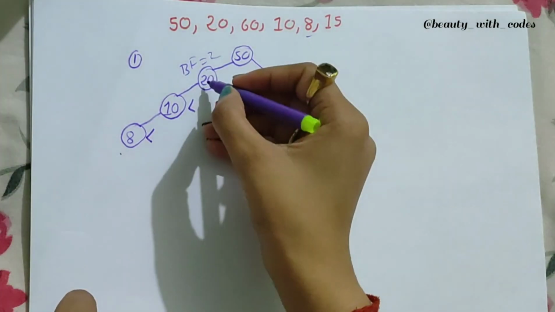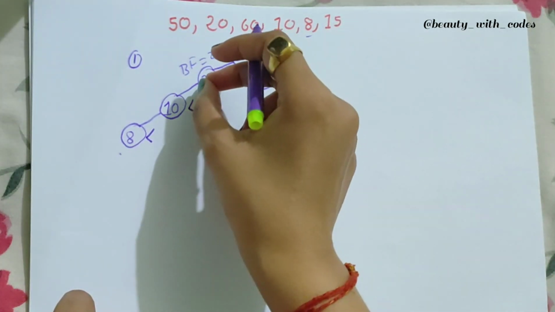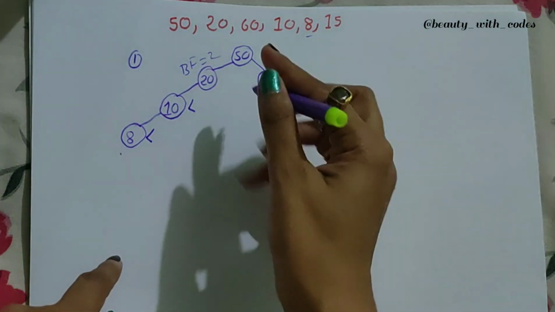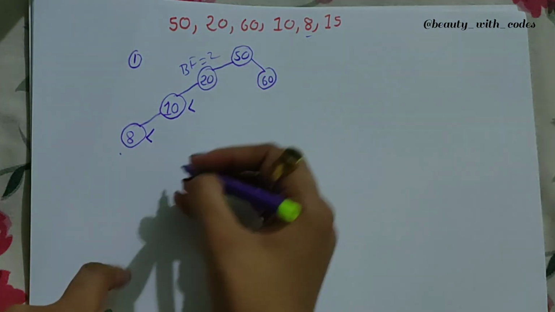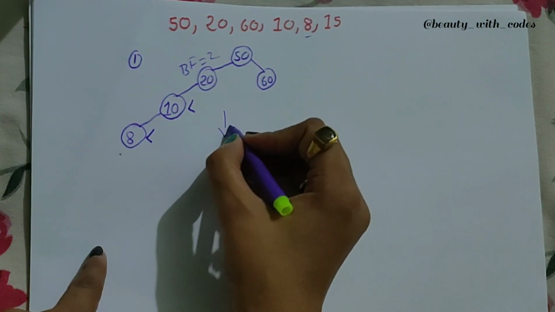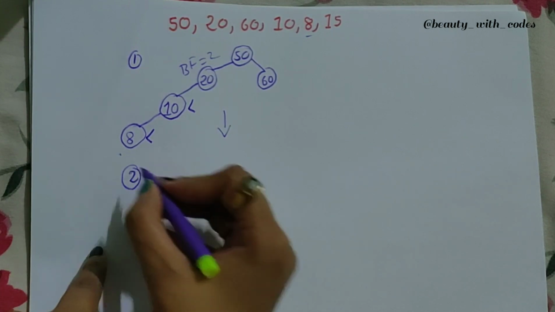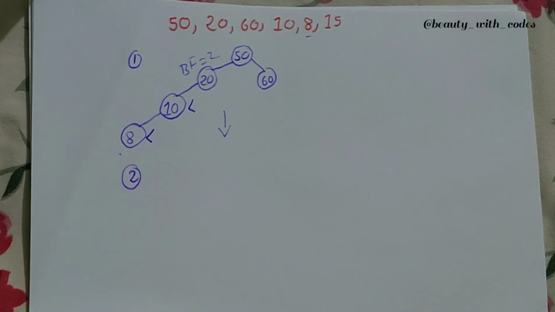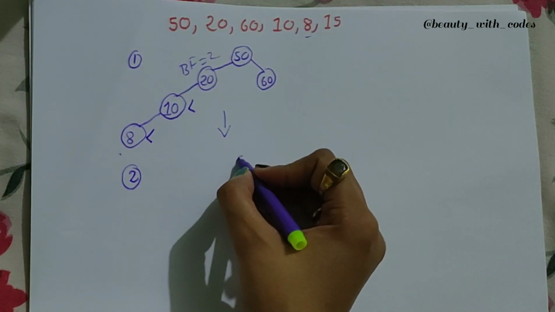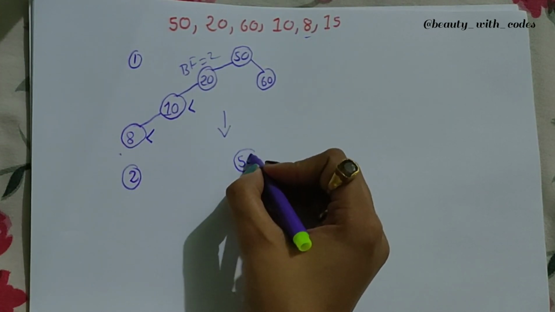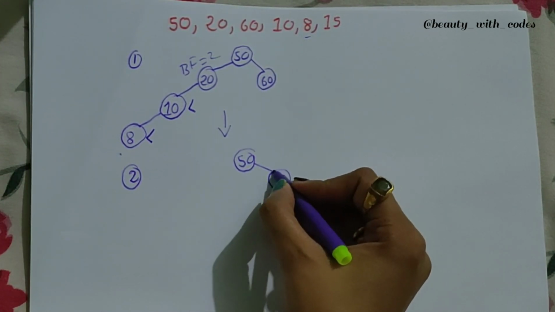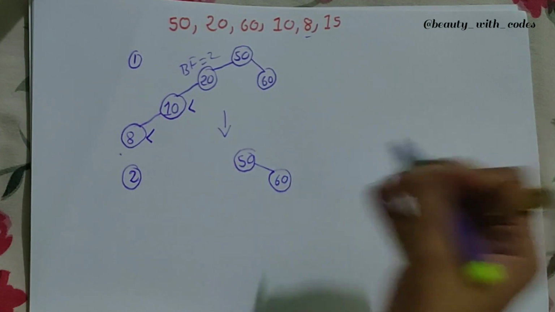Clockwise means you just need to pull 20 out in the clockwise direction. It means 20 will be here. So in the next step, how will your tree look? 50 will remain as it was. 60 the same, because we haven't done anything with 60 as of now.